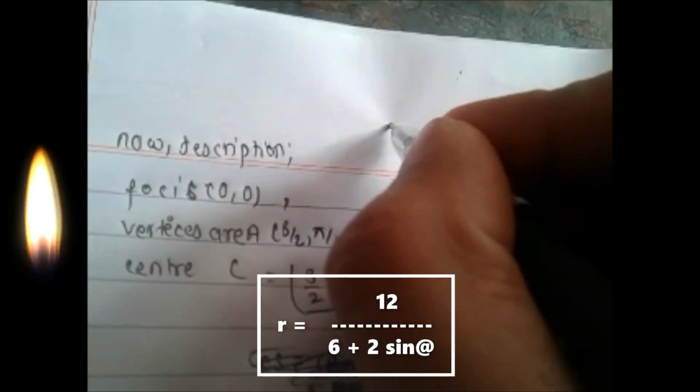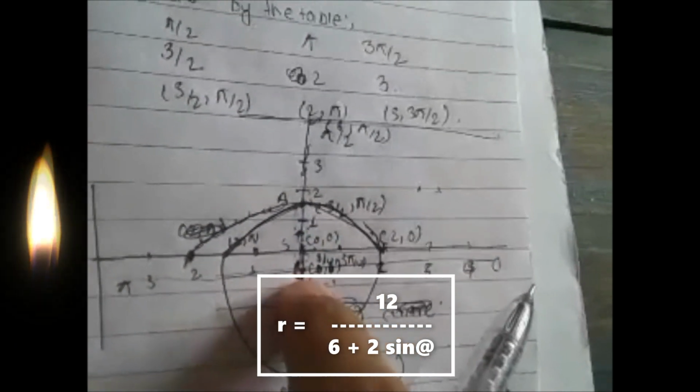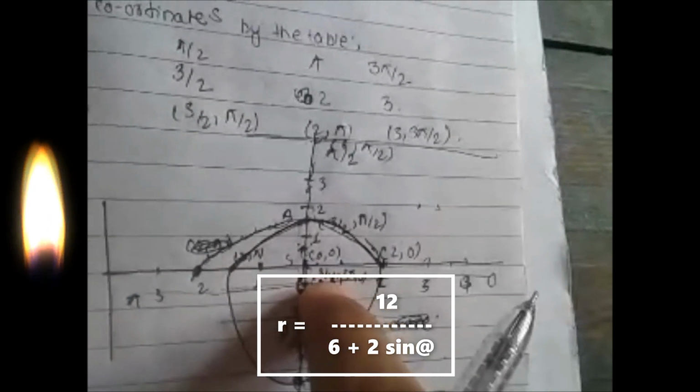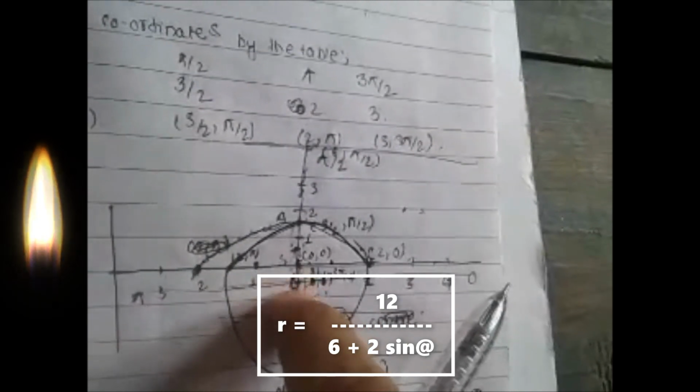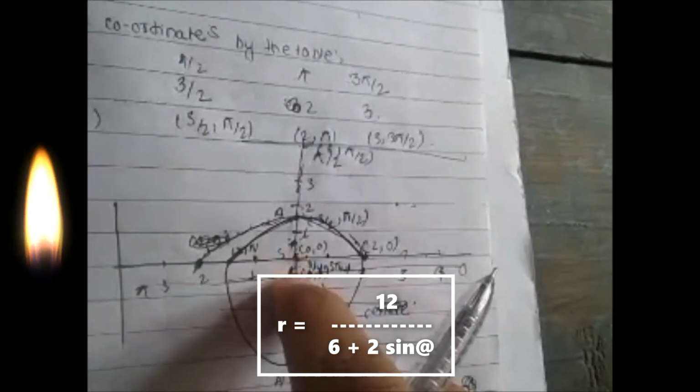Let's see the figure. How was it? This is the figure, and this is our center C. Coordinates 3 by 4, and 0 to 3 by 4 is our first focus, and at the same interval here will be our next focus, at the same distance, 3 by 4 from the center, that is 2 times this.